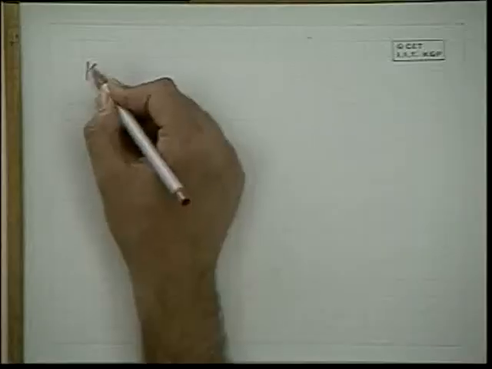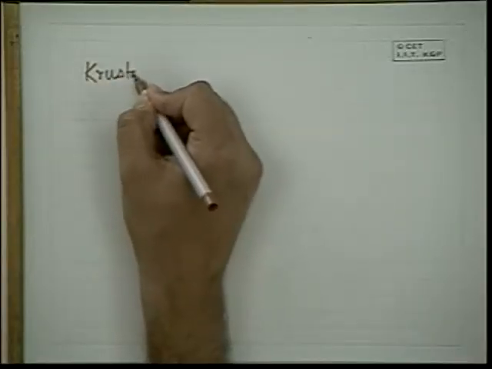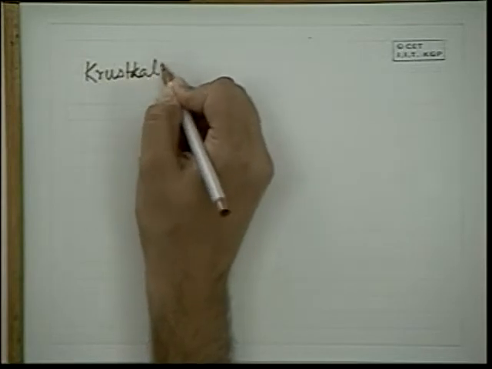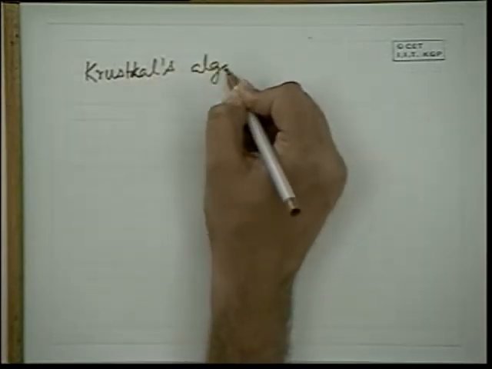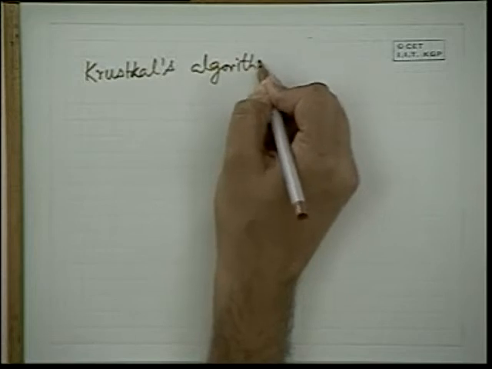So how much time then, with this data structure implementation for union find, does it take for Kruskal? You remember Kruskal's algorithm? So Kruskal's algorithm now takes how much time?